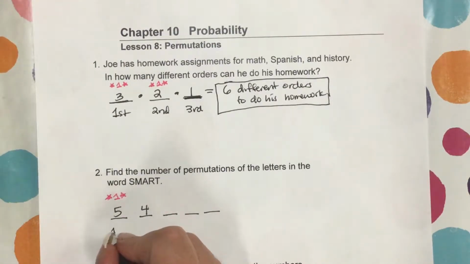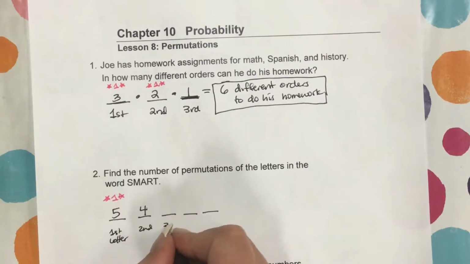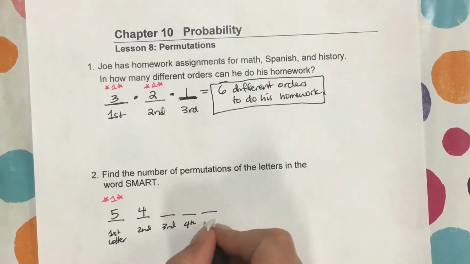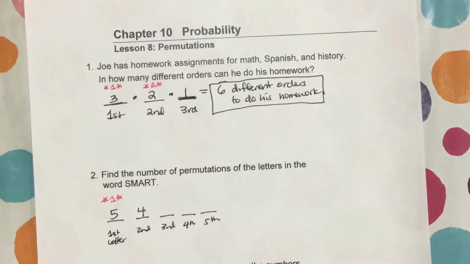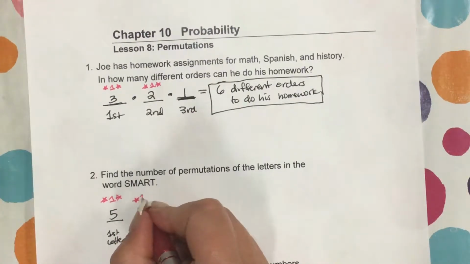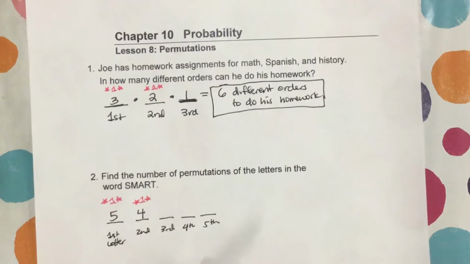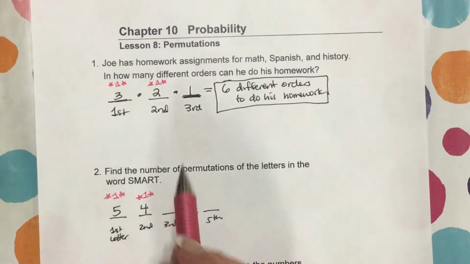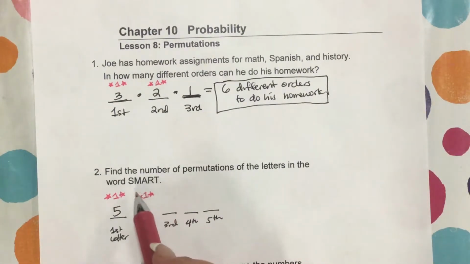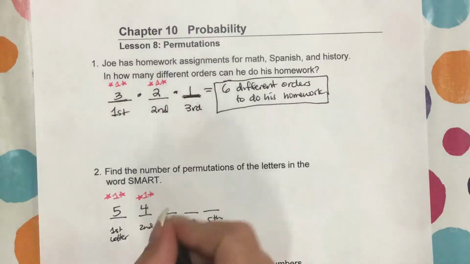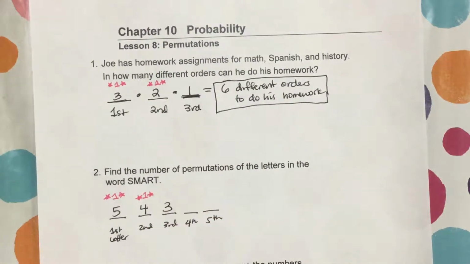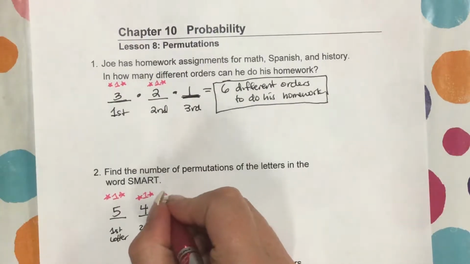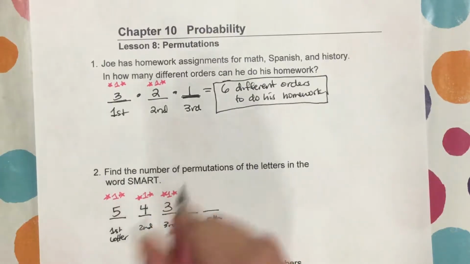So this is the first letter, the second, the third, the fourth, and the fifth, okay? When we get to the third, well, we know that one letter is already here and another letter is already here. So that means there are only 3 of the letters left as options, okay? And one letter is now going to occupy this spot.